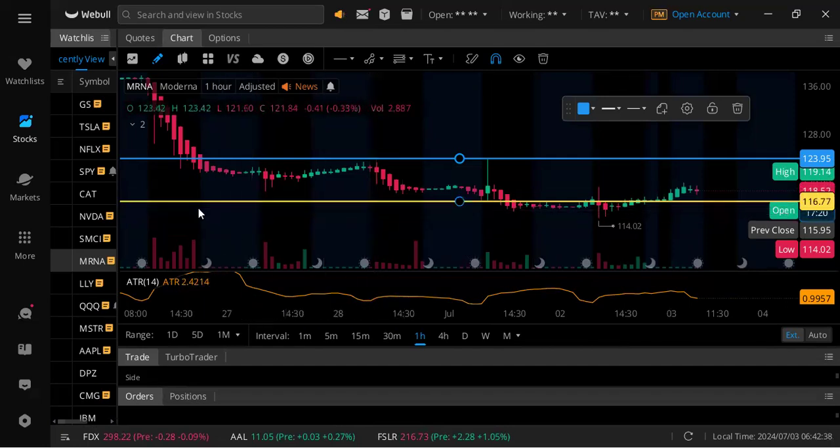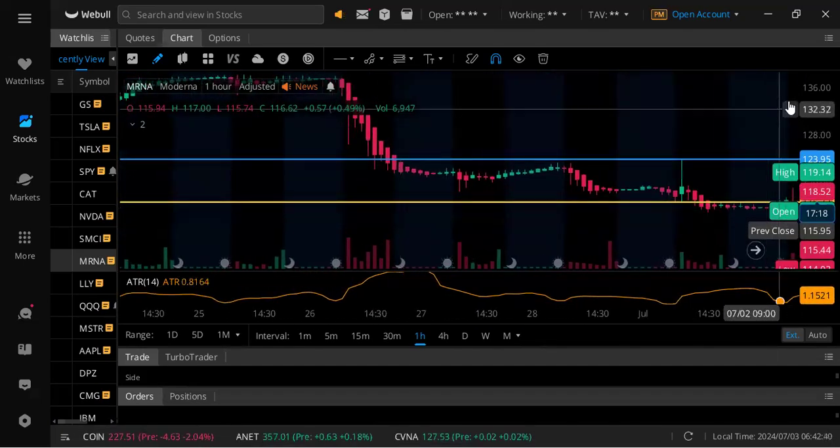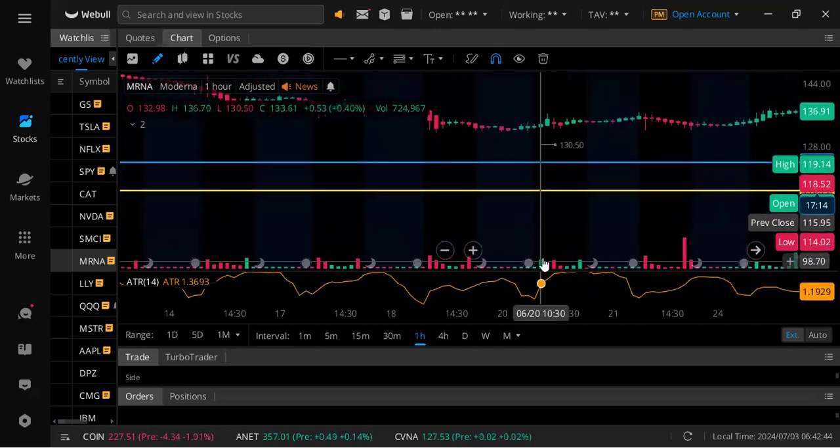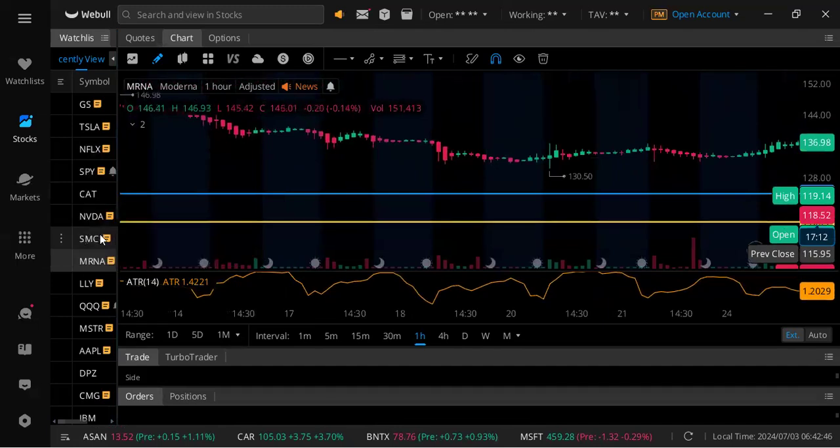So please look at the first hour and you can tell what the intention of that stock is, okay? For anyone who's not in a rush, you can just wait to see what that stock does the first hour, and then you can get a clear direction. Any questions?